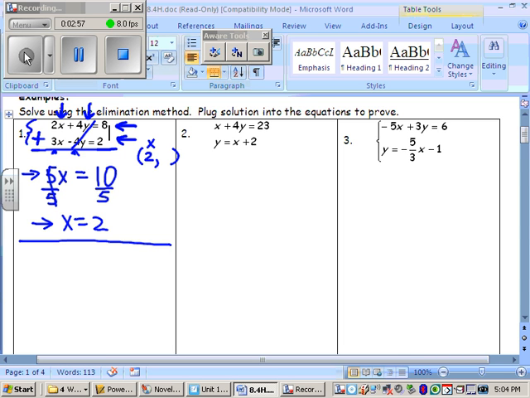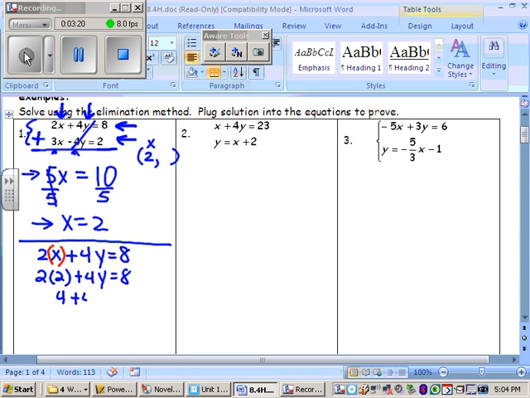So looking back at the two original equations, just pick one of the two. I will go ahead and pick the first equation, 2x plus 4y equals 8. Because we know that x equals 2, we can replace the x with 2. So it will be 2 times 2 plus 4y equals 8.